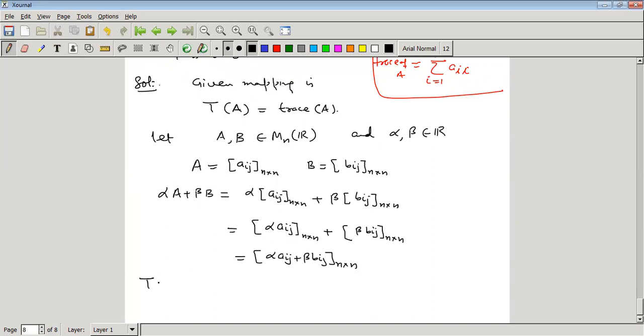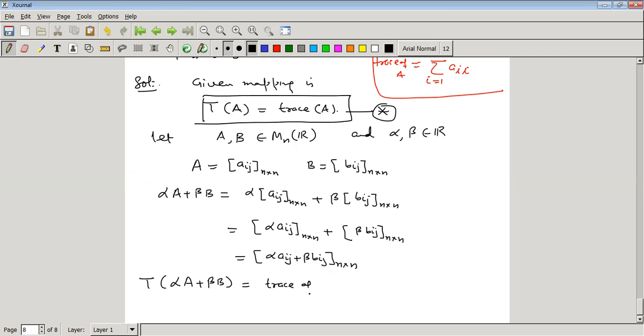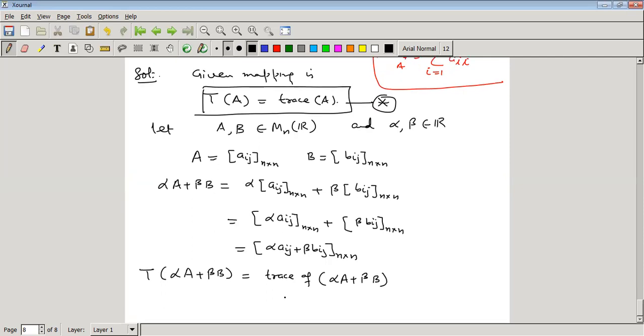Now we find T of alpha A plus beta B. How can we define the output? We have already defined T of any matrix as the trace of the matrix. So T of alpha A plus beta B is the trace of alpha A plus beta B. And what is the trace of alpha A plus beta B?